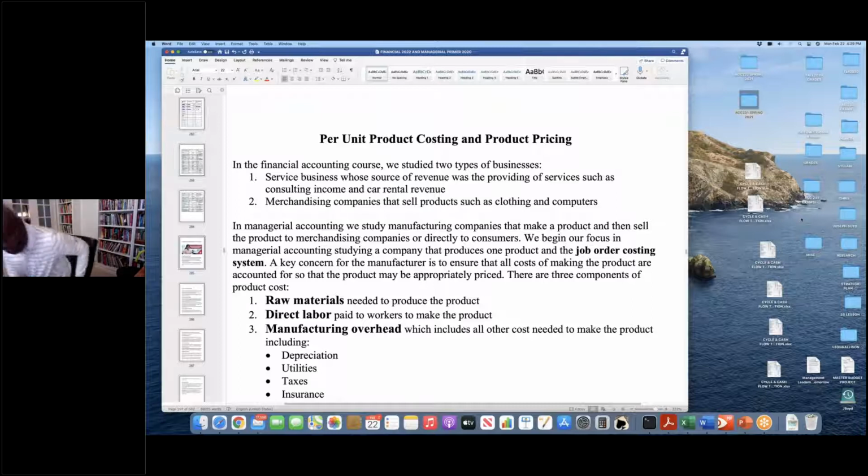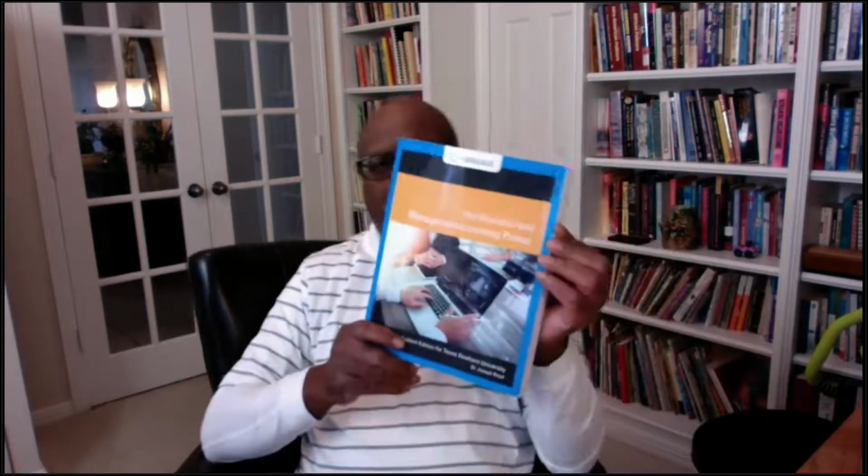A lot of our examples will be based on this book. Making this book, there are three components. First of all, the raw materials. What are the raw materials involved in making a book? Paper. Wood, trees, paper, and what?